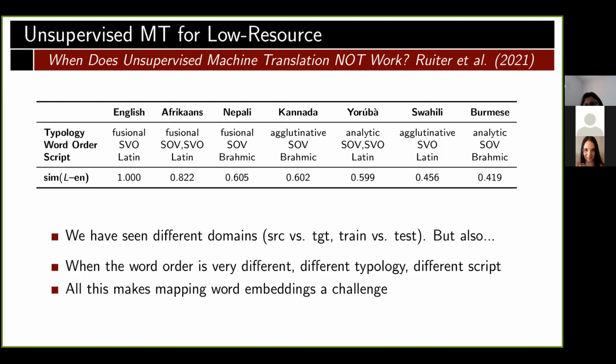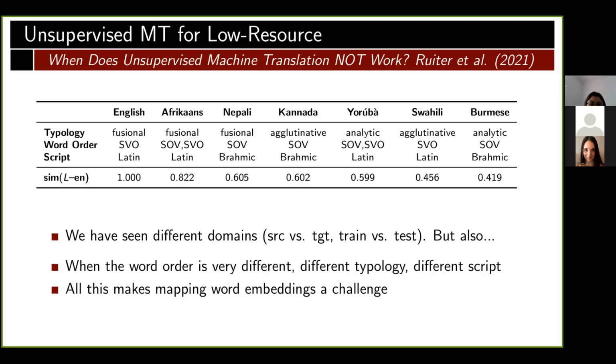And that translates into a very bad quality of unsupervised neural machine translation. We wanted to answer more questions, because we have seen that different domains are important, but how does this translate to different languages? It seems that it's not so different to work with English-French and with English-Russian.